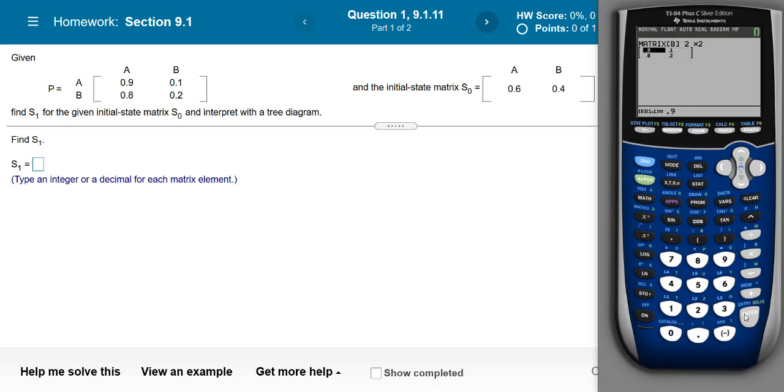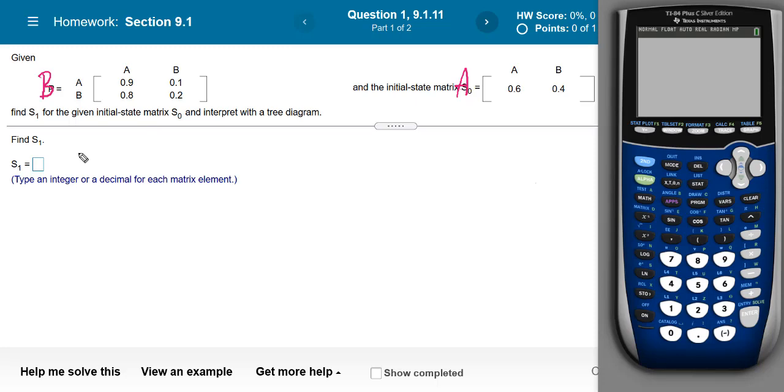As the matrices get larger, you'll want to be sure that you have the numbers typed correctly, so pause a moment to check your numbers and see that everything is okay. Second quit, we're back to the home screen. So we have just entered matrix A on our calculator and matrix B on our calculator.